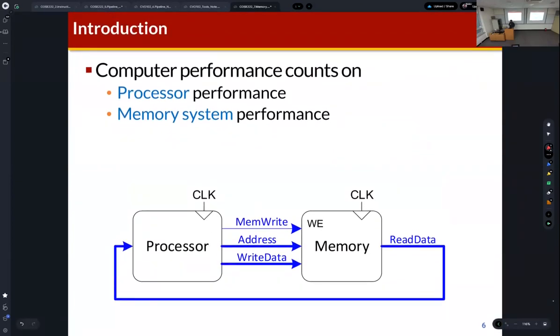So as I mentioned, the processor needs to interact with the memory system. Right? So an address is given and then the data is provided to the processor. But the processor is very fast, and memory is very slow.